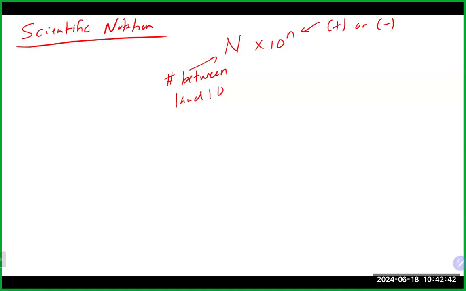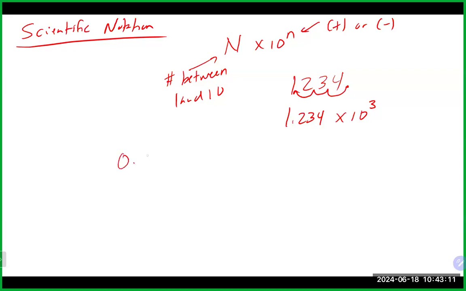It really depends on which way you need to move the decimal place to get it to a number between 1 and 10. So if we had 1234 and we wanted to put it in scientific notation, we would assume the decimal point is there and go 1, 2, and 3 places to the left. 1.234 times 10 to the 3 would be the proper way to write scientific notation in this case.